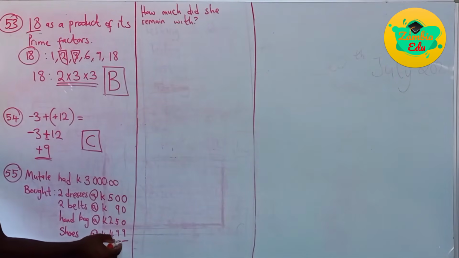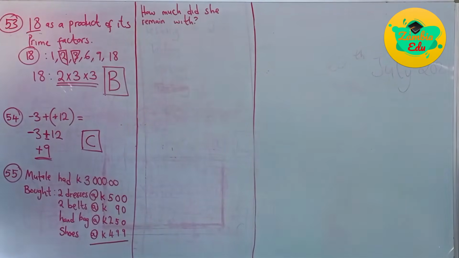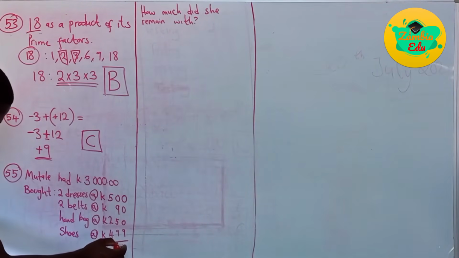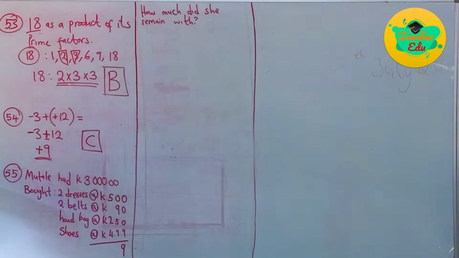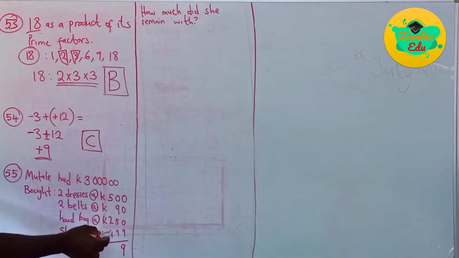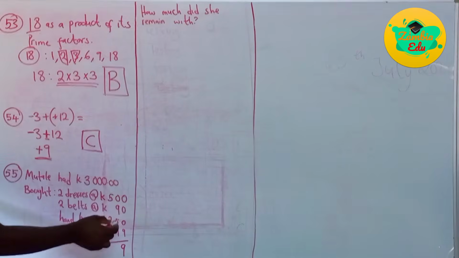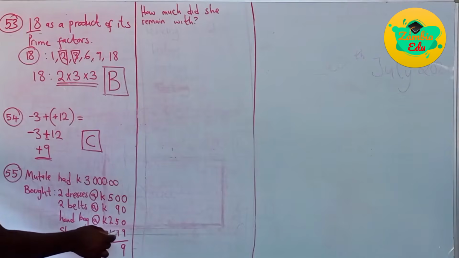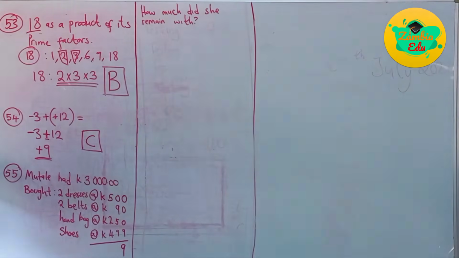So we can add her total expenditure there. We are going to see 0 plus 0 plus 0 plus 9, so we have our 9. Then we say 9 plus 5 is 14. 14 plus 9, that should be 23.